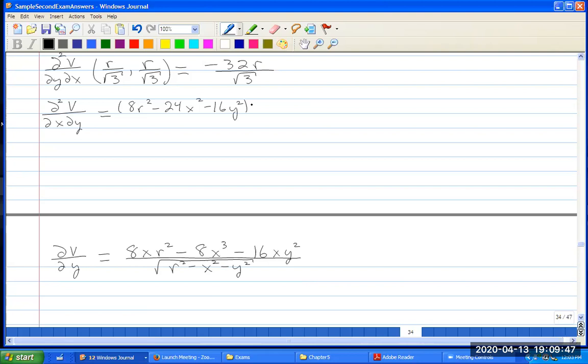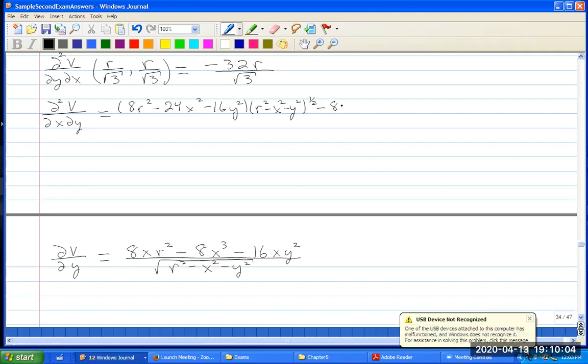So again, I'm using the quotient rule: the derivative of the numerator times the denominator, minus the numerator times the derivative of the denominator.